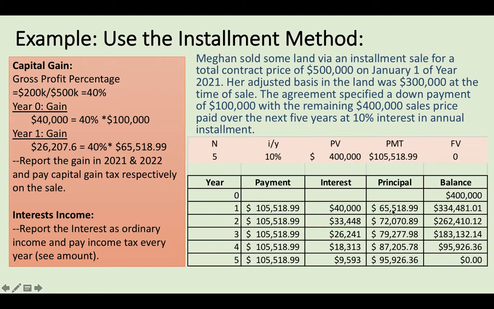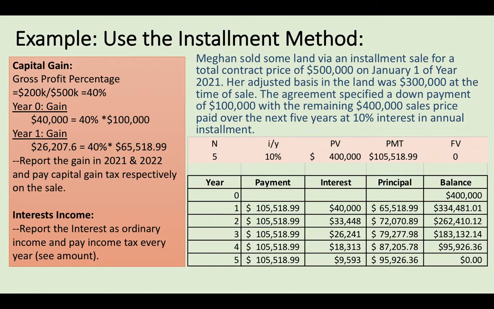So you can see the principal amount increases each year, so your capital gain tax will increase. However, the interest income is always the same. So every year you pay ordinary income tax on the interest, and long-term capital gain tax on the portion of the capital gains.